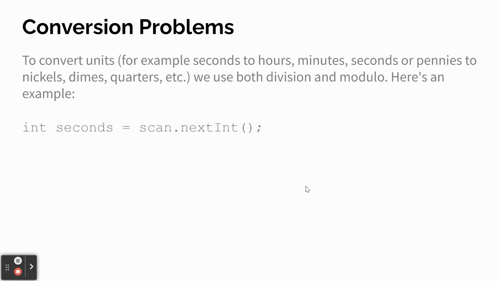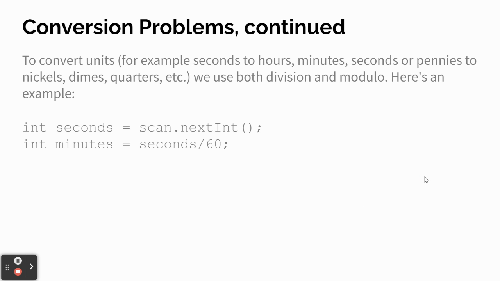If I said, hey, enter the number of seconds you want to convert, and you said 1,000, for example, the first thing you would do is create a minutes variable. In this case, I'm not dealing with hours. We're just going to go minutes. You'd create a minutes variable and say minutes equals seconds divided by 60. The reason that'll work is it's integer math.